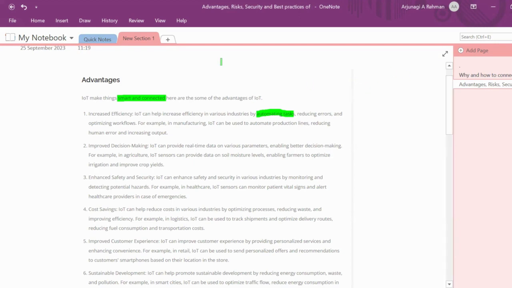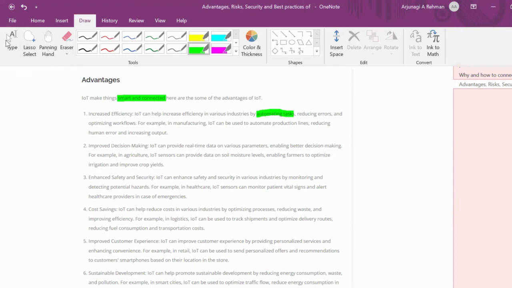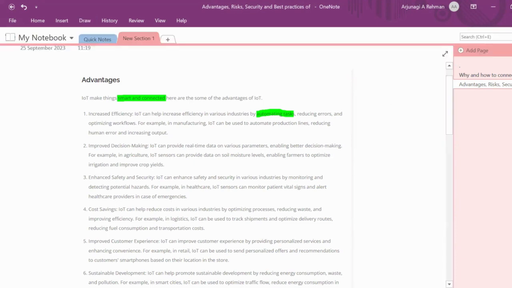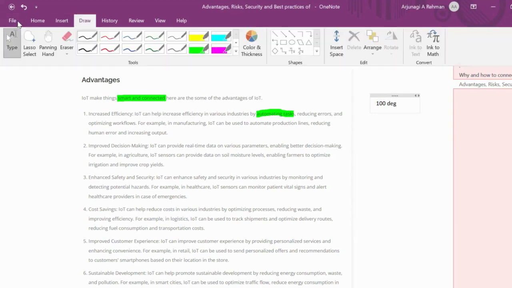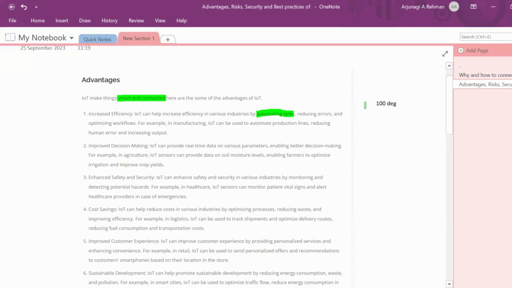So for now, let's say 100 degrees. Okay, but you forgot, or maybe due to something, temperature went above our desired temperature.